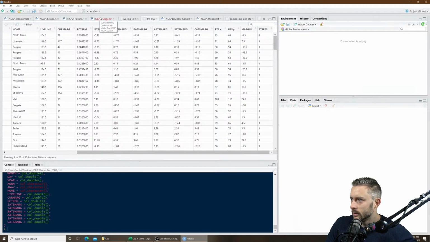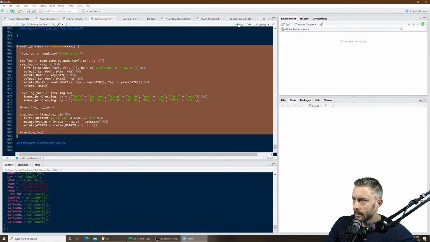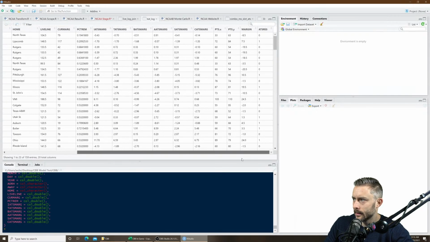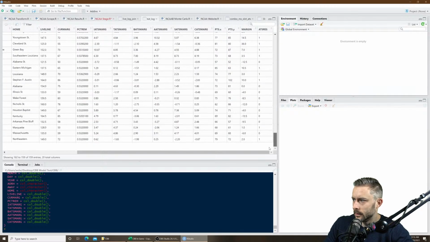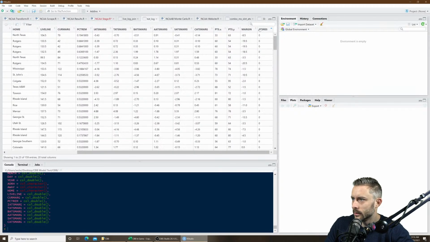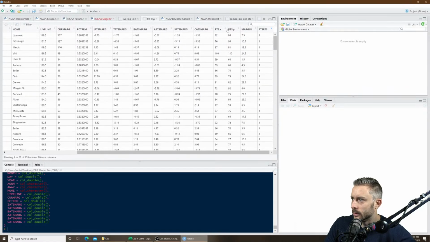I just need to, that should do it right there. So these are games. If it's a 1, it went over. If it's a 0, it didn't. So this is for overs. Looks like mostly went under, so we're going to have to find a trend here.